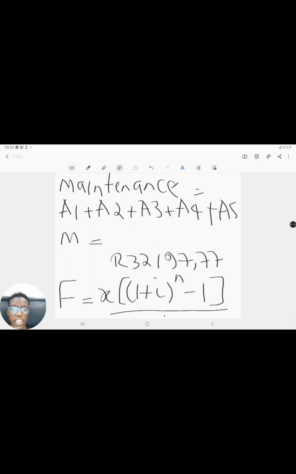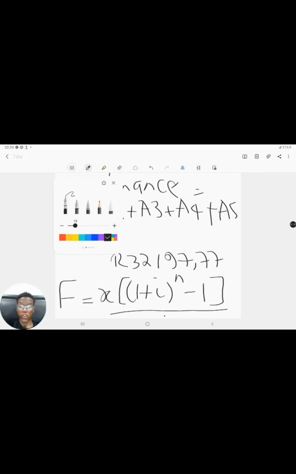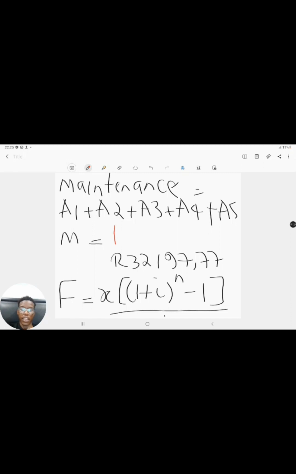But you can see that they're close. The numbers are close. So that's actually a cool thing to note, that if you compound your interest on a monthly basis, you're obviously going to get more interest. It's a better deal, right? So let me write M there as 32,197.77. Okay, so we learned something useful from this mistake.